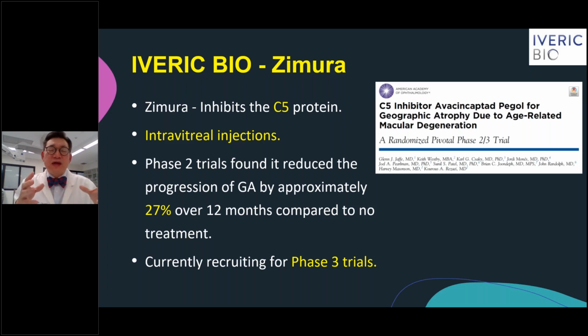So I showed you that patient who had an enlarging area of their bald patch in their carpet. Well, this could reduce it by 27%. And this study is now open. It's now recruiting for a phase 3 trial, and the investigating sites are around Australia.